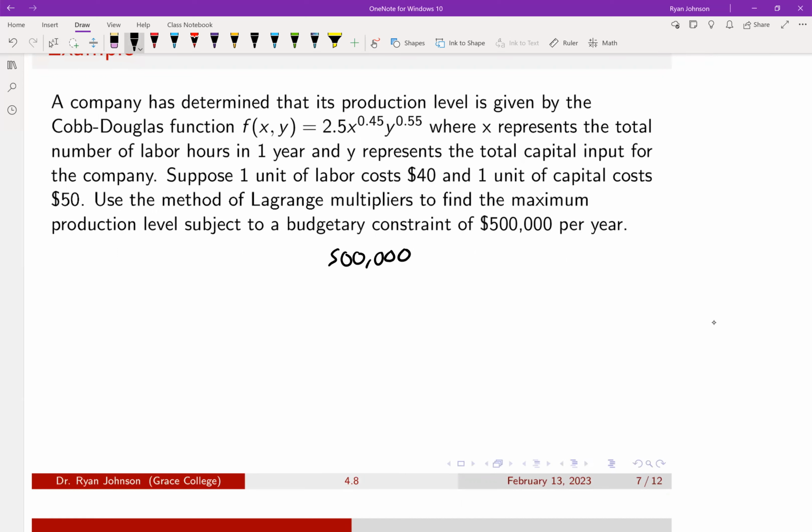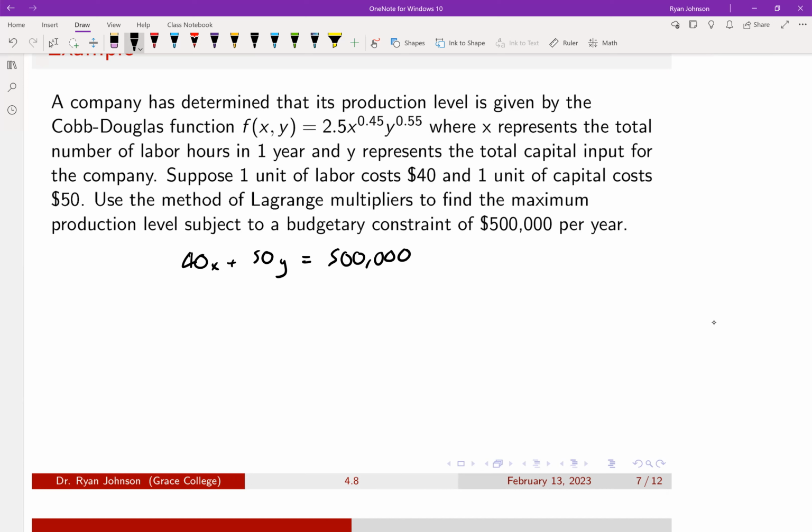So $40 for each unit of labor, which means 40 times x, plus $50 times y is equal to that. If $40 times x plus $50 times y equals that, that means we're maxing out the budget.